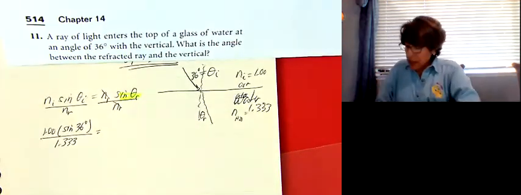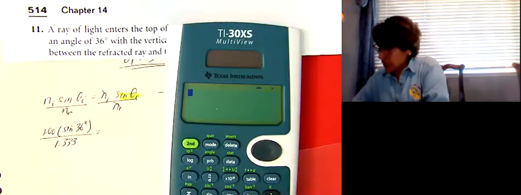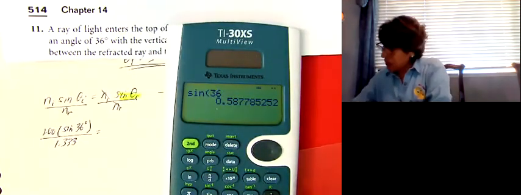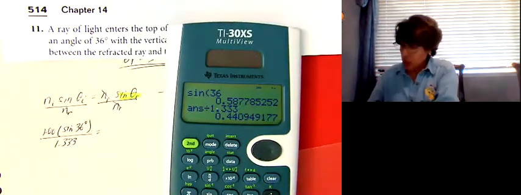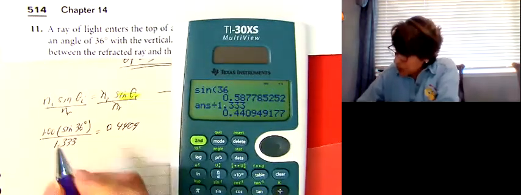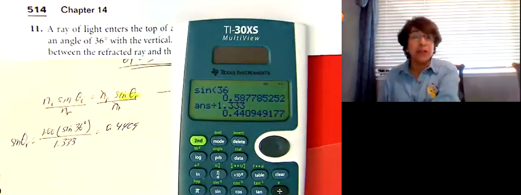All right, let's see what that is. Here's my calculator. Sine of 36, and I want to divide that by 1.333. There we go. So this equals 0.4409. Okay, so that is the sine of my refracted angle.